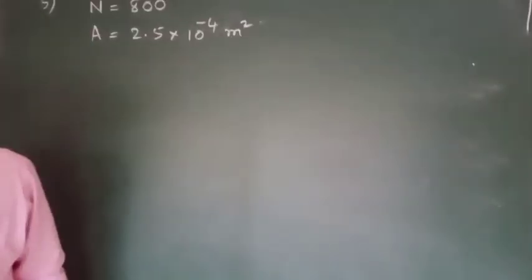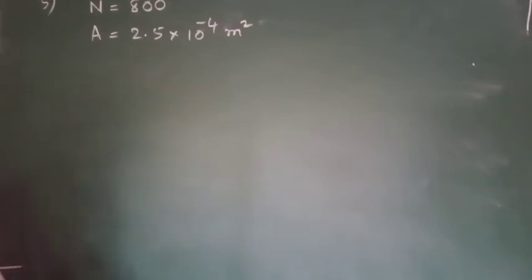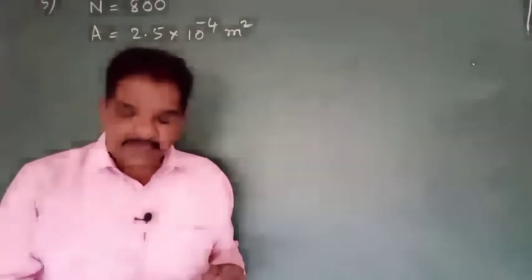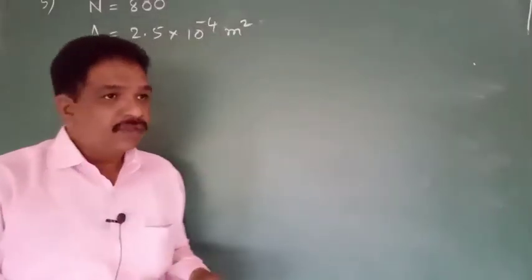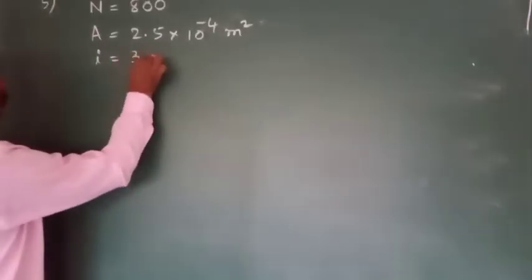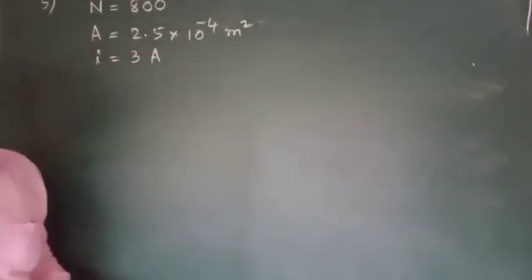Number of turns is given and area of cross section is given. It carries a current of 3 amperes, so I value is equal to 3 ampere.